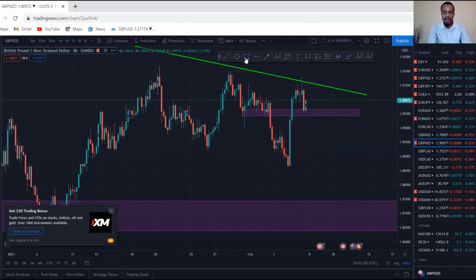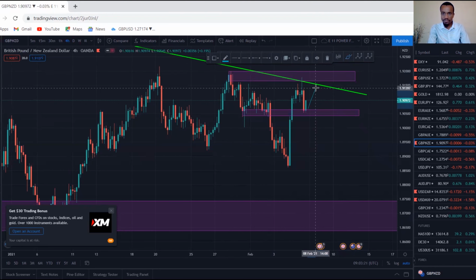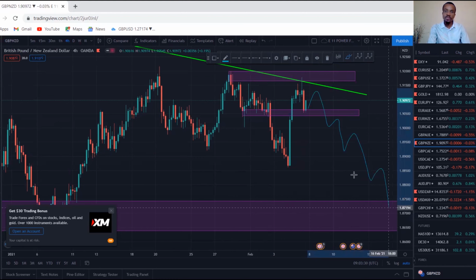If price plays around this area and doesn't break this level here, we expect that price may come and form something like a double top here, and then continue, break, retest, forming lower highs, lower lows, and then coming to the downside. So price might come, form something like a double top or an M formation, and then push to the downside. It may go a little bit further, maybe to this level, then drop to the downside.